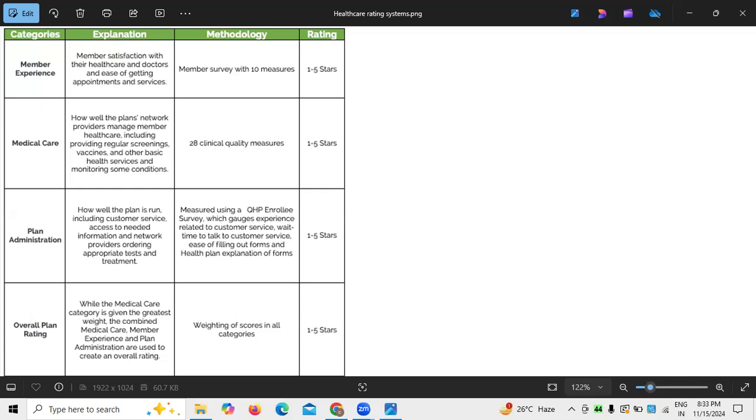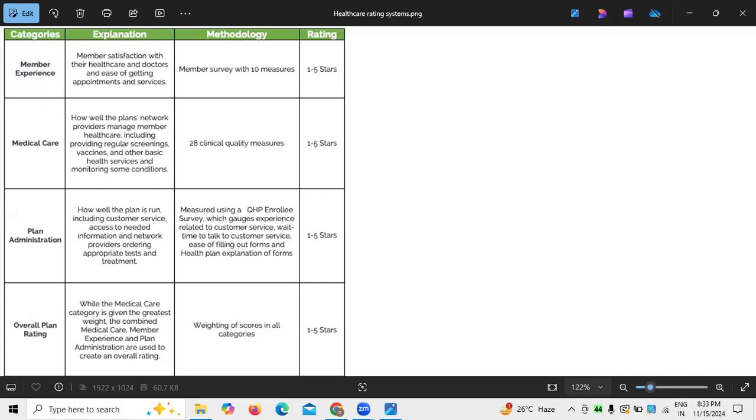Next, medical care is another category. This covers plan network providers, managing the members in the context of healthcare, including whether regular screenings or vaccinations are provided, and what the basic health services and monitoring conditions are.